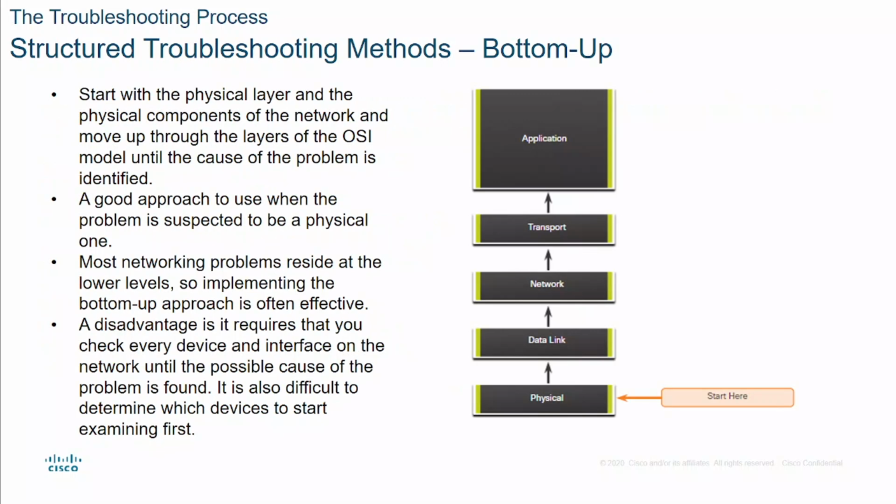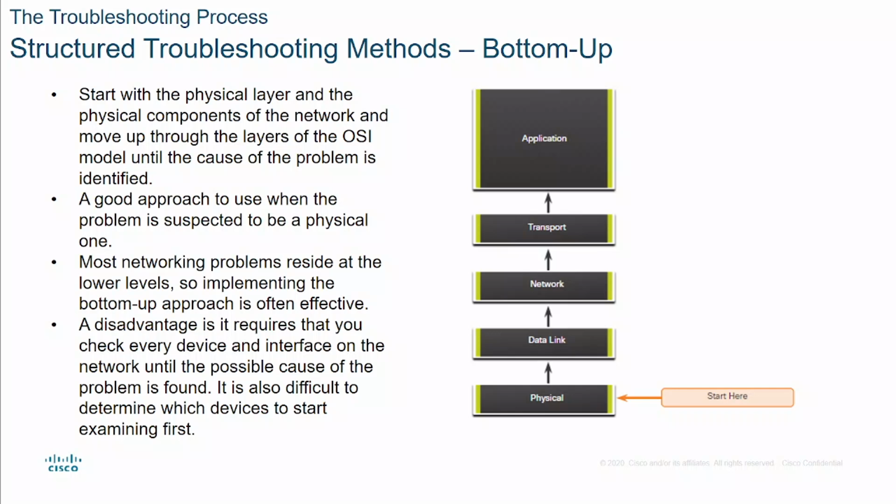So this is a structured way of troubleshooting network problems. You start from the physical layer, so you go and access the physical components of the network. This is moving up through the OSI model.